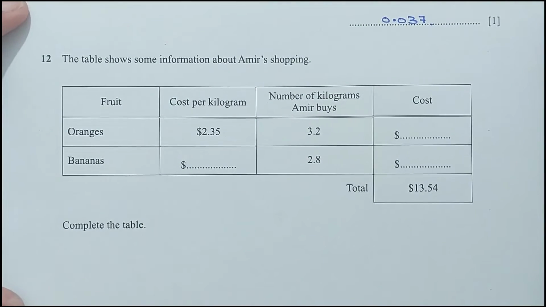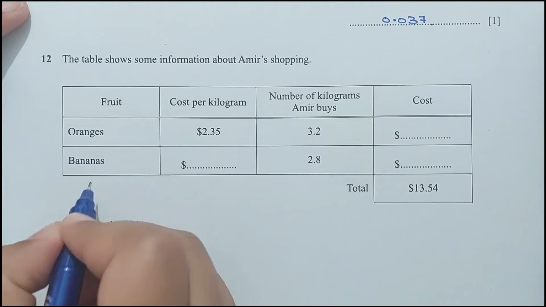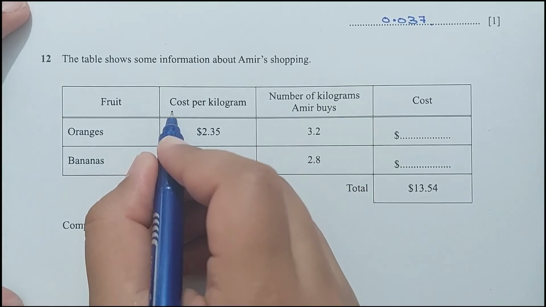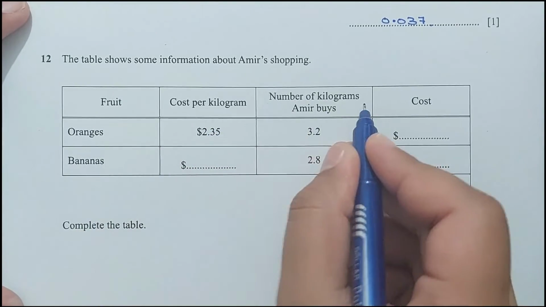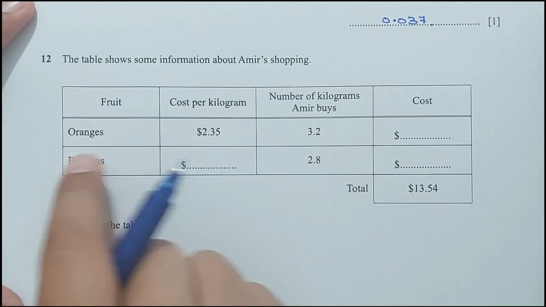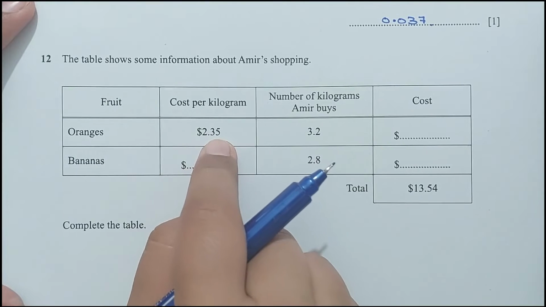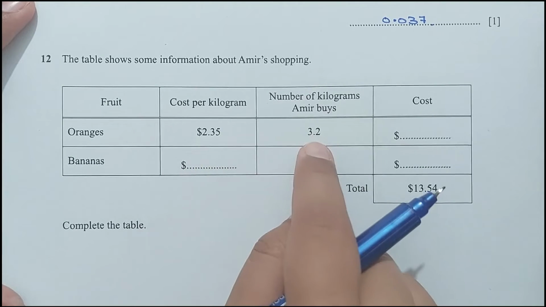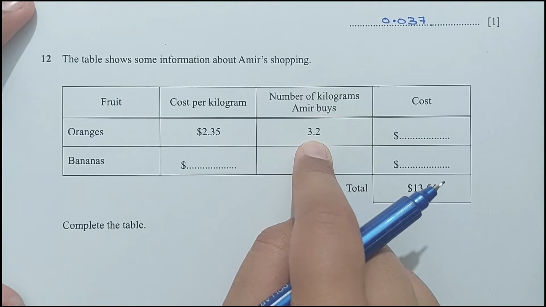Question number 12. The table shows some information about Amir's shopping. The fruits are oranges and bananas. Cost per kilogram, number of kilograms Amir buys, and the total cost. We have to complete the table, right? Oranges cost $2.35 per kilogram, and he buys 3.2 kilograms.